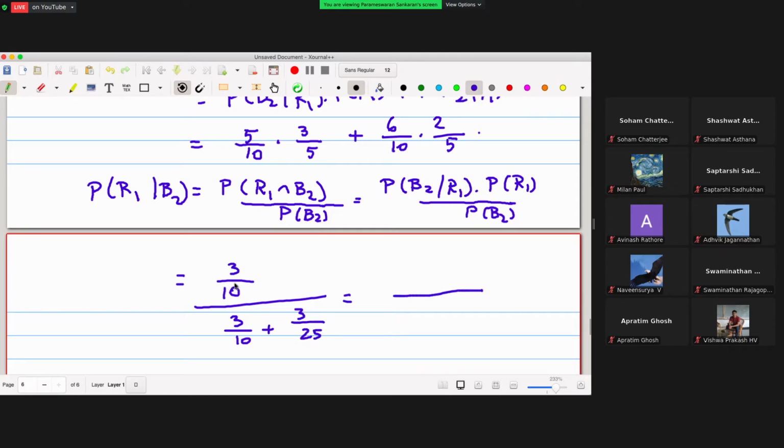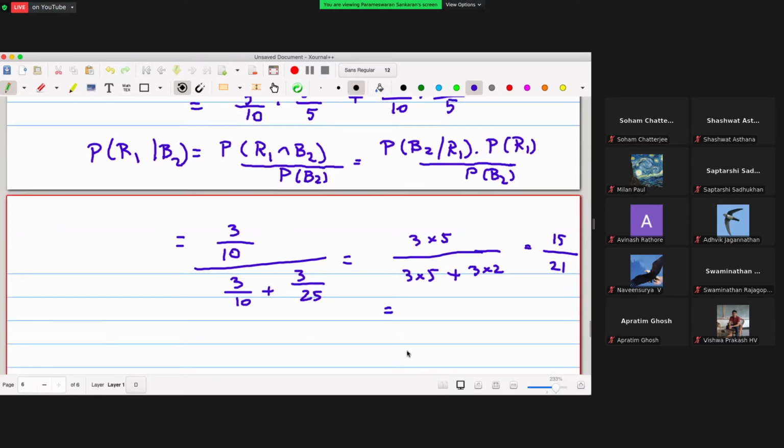So multiply by maybe 50 throughout, 3 times 5 here, 3 times 5 plus 3 times 2. So 15 divided by 15 plus 6, that is 21. So 3 I could have cancelled anyway. So it's 5 divided by 7.